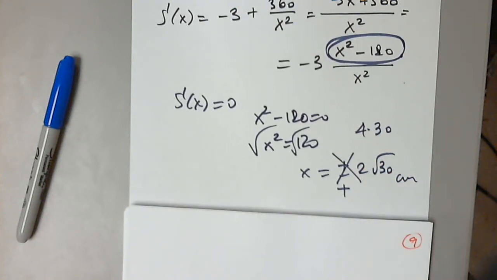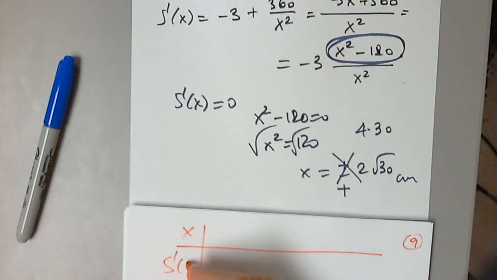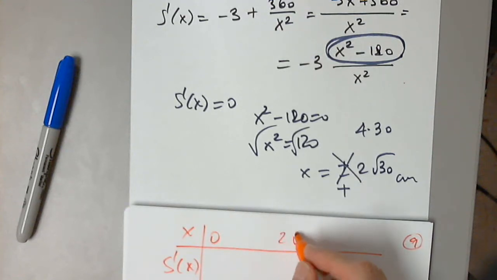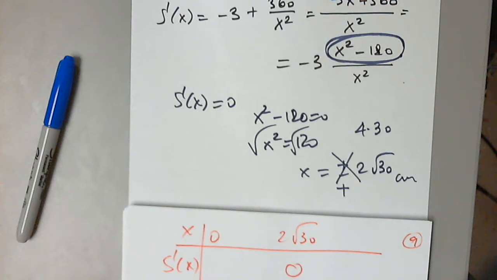That's good, but it's not sufficient. We have to show that this indeed gives a maximum area. We don't know that. Printed area. We don't know that yet.